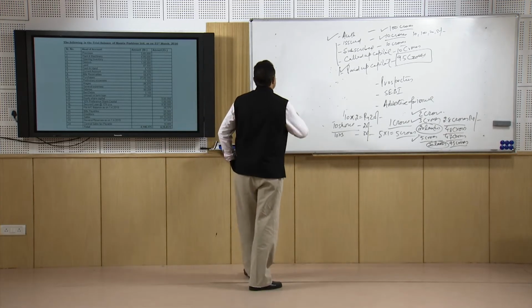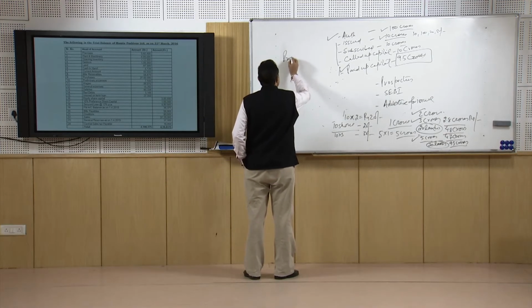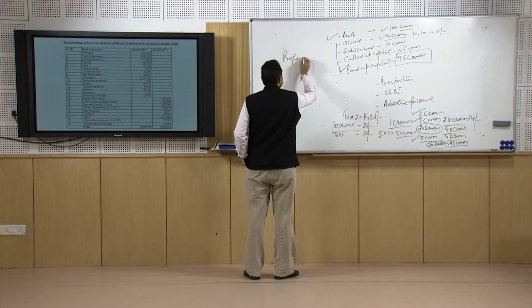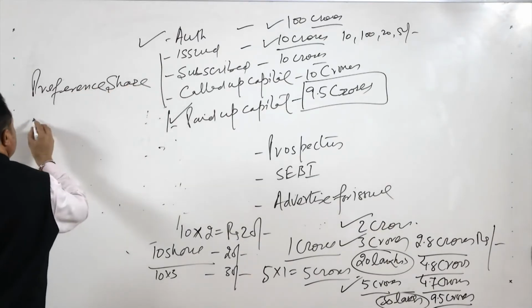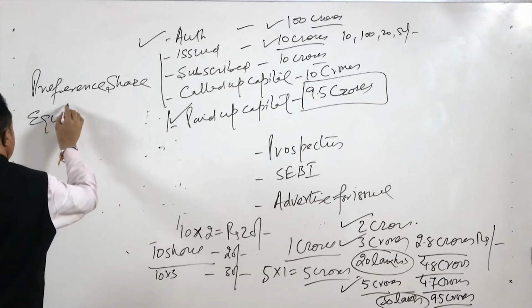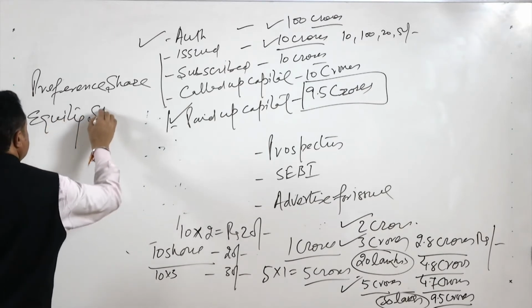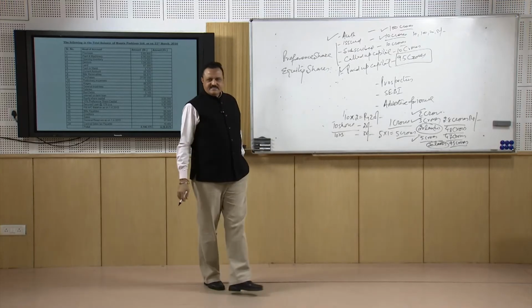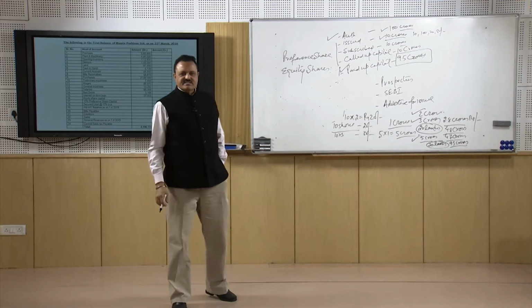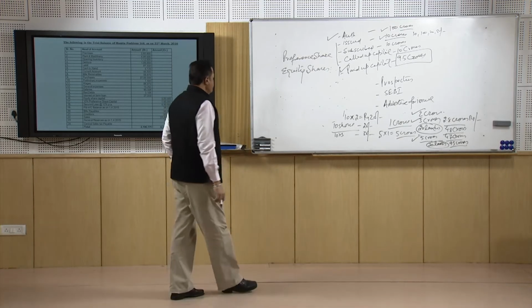These shares are preference shares and equity shares. These are the two broad categories, preference shares and equity shares.